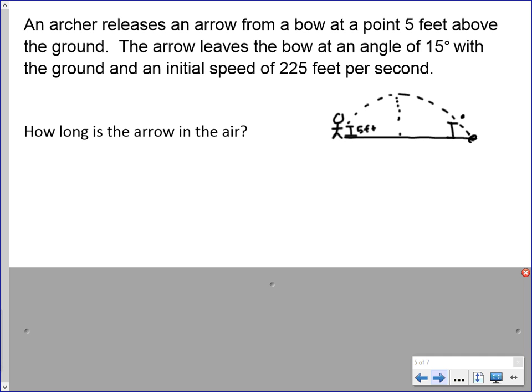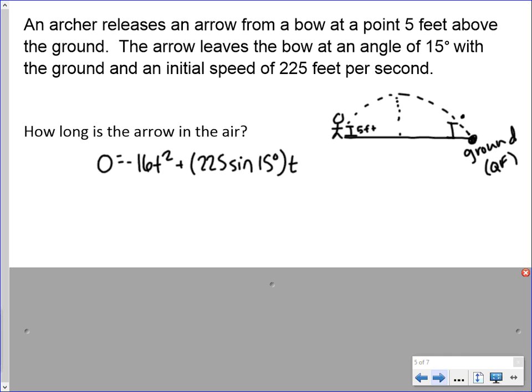So that's like that discussion we had with Emily with the quadratic formula, right? If our height is 0, we're on the ground, so we would use the quadratic formula. So I'm going to write 0 equals negative 16t squared plus 225 sine 15 t plus 5, and then I'm plugging that into my quadratic formula.